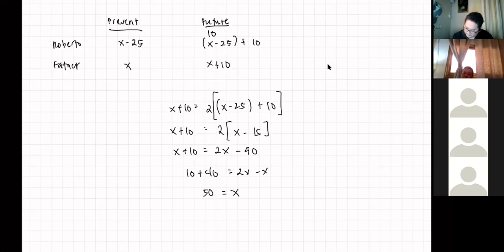Okay. This will be 2x minus 30. So this will be 10 plus 30, 2x minus x. So x equals to 40. Okay. Then sa present, ito yung father's age.